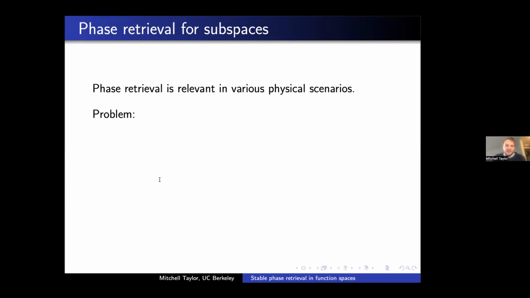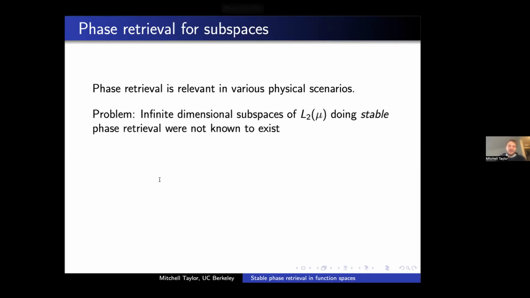But I want to give you some more examples, and the big problem in this area is that no examples were known at all. In particular, no infinite dimensional subspaces of L2 were known to do stable phase retrieval, at least until last year.